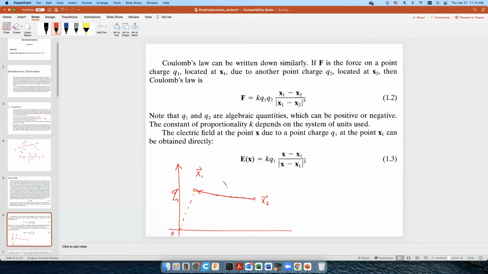So this is the x1 vector subtracted by the x2 vector, because here is a vector, here is a vector, here is a vector, here is a vector. So x1 subtracted by x2 is a vector between x2 and x1.